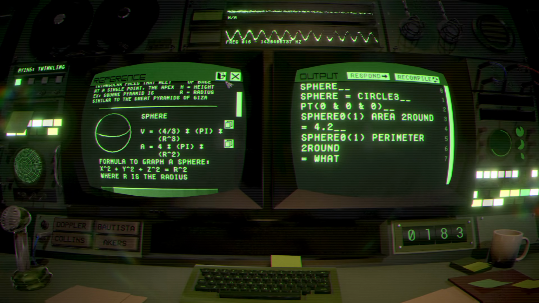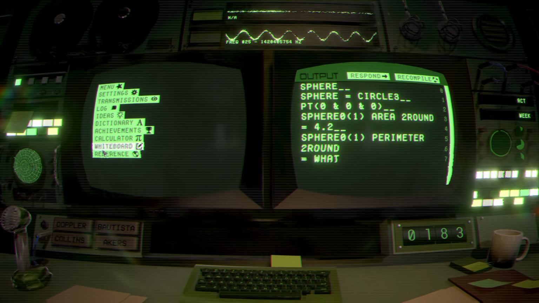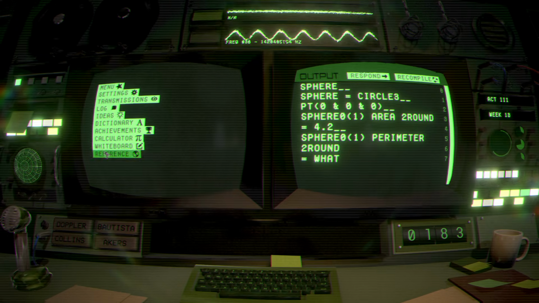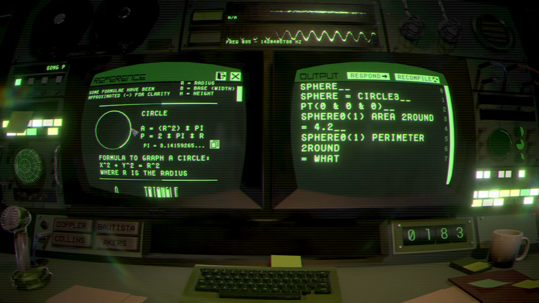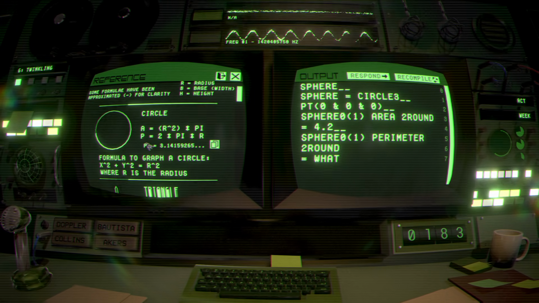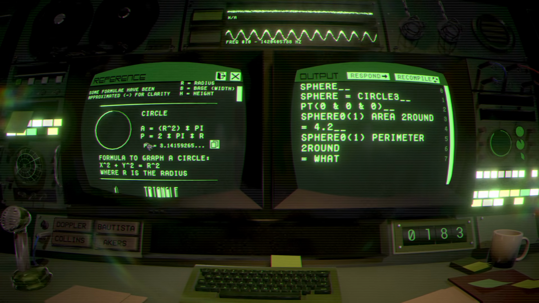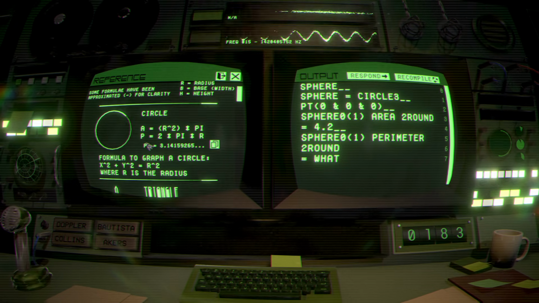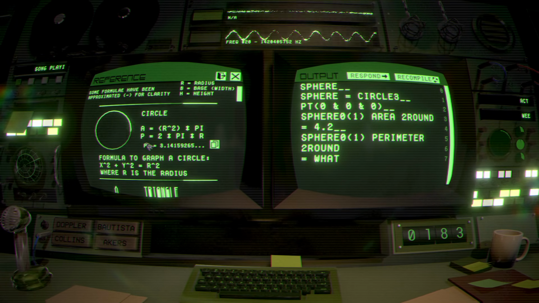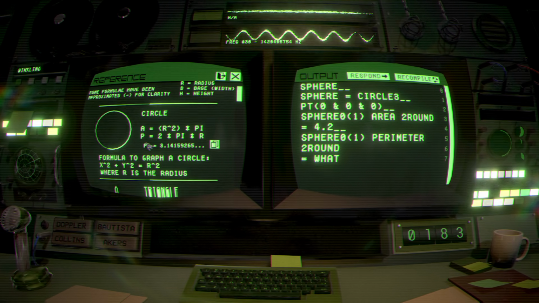I thought it'd just be the same as a circle, right? Pi times radius. This radius is not 1.